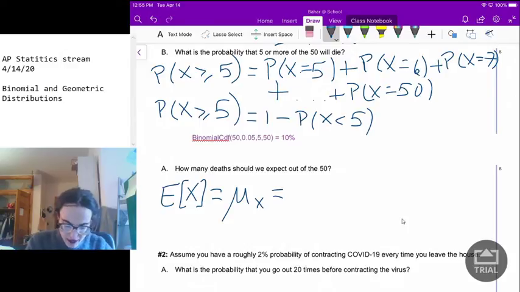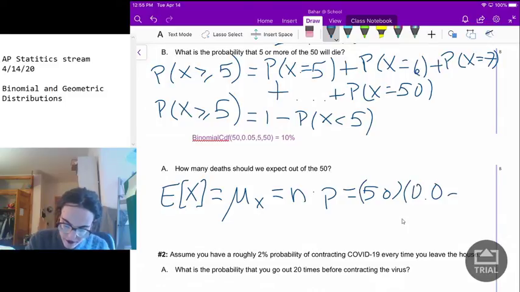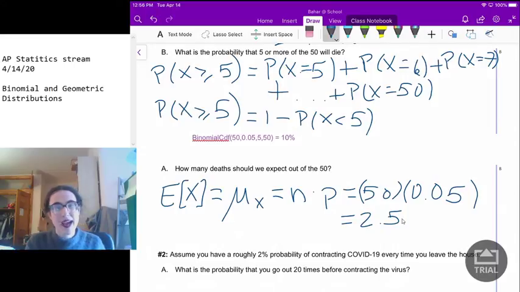And the mean value for a binomial distribution is n, the number of trials, times p, the probability of success. So in our case, that is 50, number of trials, times 0.05, the probability of success. Multiply these out, we get an expectation of 2.5.